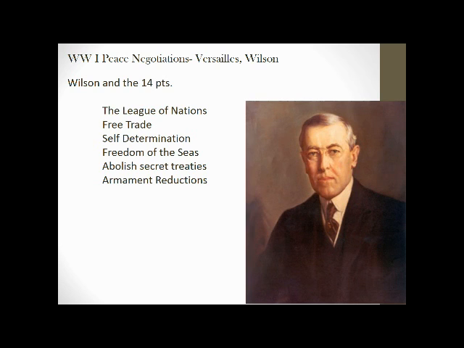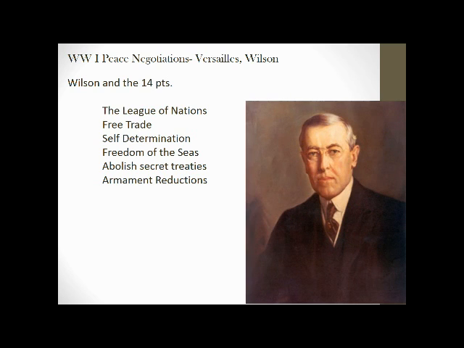Wilson envisions a new apparatus for world peace. He believed that World War I could be a war to end all wars, and he issues this. This is the essence of his 14 points, which is his kind of idealistic vision for peace in the world. And below are the key components to it.